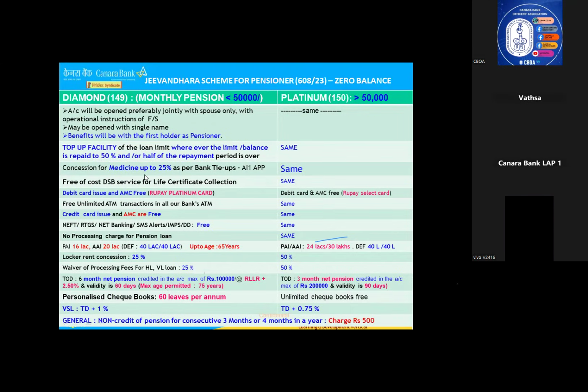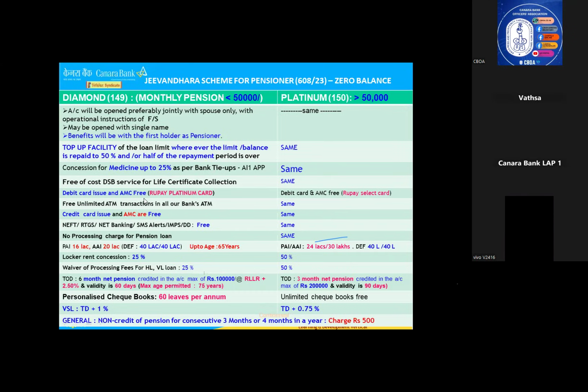They get medicines up to 25% concession with the bank tie-up places, AI1, and our mobile app. And DSB services for life certificate collection are given only if they are above 75 years, because doorstep banking is for above 75 years.